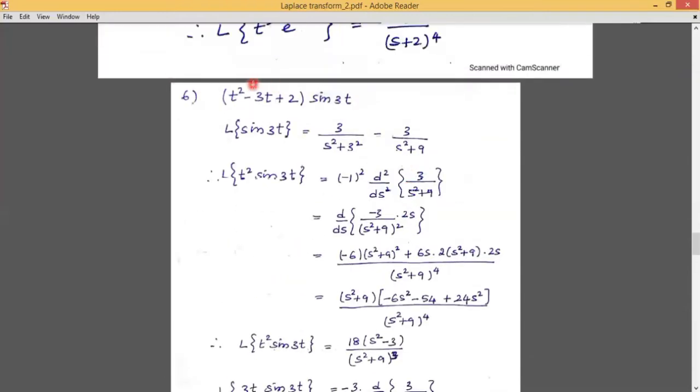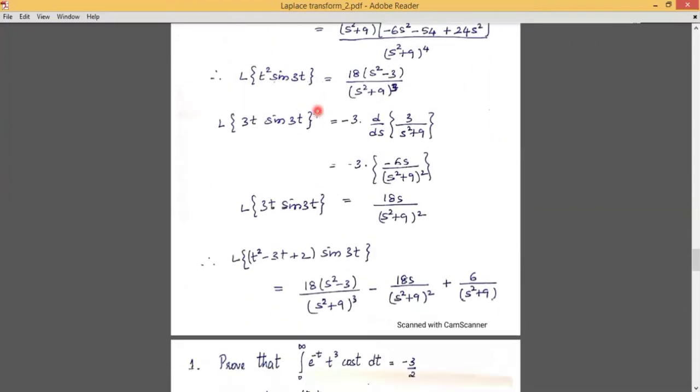And next, we want 3t sine 3t. So that will be, see, this 3 I have taken outside, and t sine 3t will be minus 1 whole power 1 d by ds of Laplace transform of sine 3t, that is 3 by s square plus 9. And the derivative of this is minus 6s by s square plus 9 whole square.